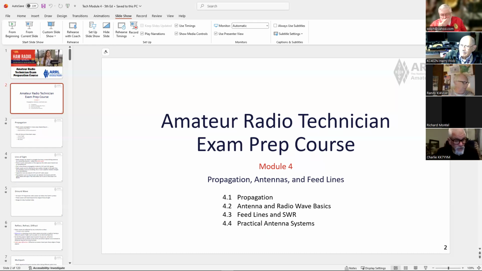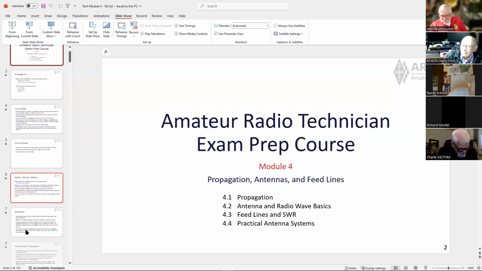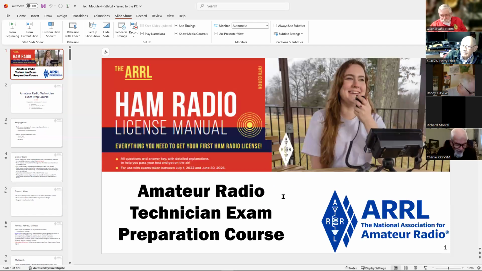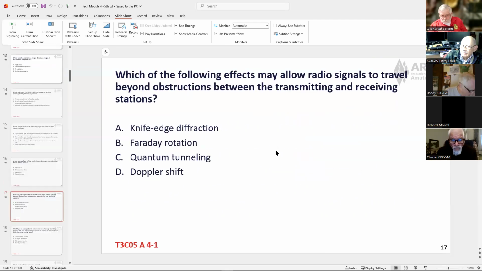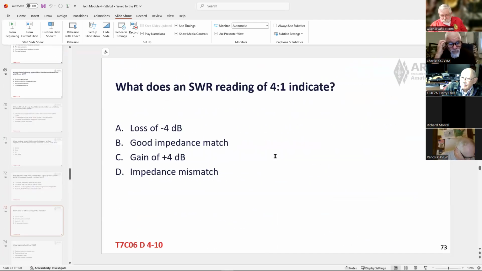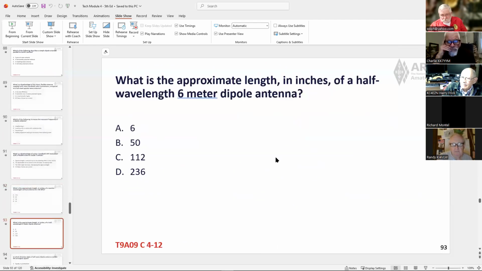When you look at the specs, it'll say it loses at this frequency 2 dB per 100 feet. So it's telling you that you're losing X amount for a 100-foot run. If you only have a 50-foot run, you're going to lose half that amount. So length is a consideration as to how big a coax you need.